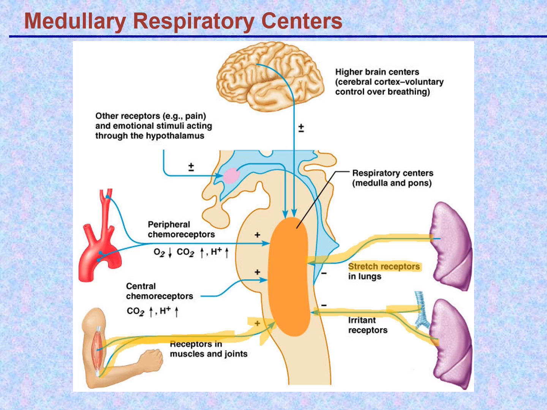You also have, inside the brainstem, and that's why they're called central as opposed to peripheral, which is outside of the brain, central chemoreceptors, and these chemoreceptors can respond to CO2 and hydrogen ion levels. Remember, when CO2 is rising, you'll get increased hydrogen ion levels because of that biochemical reaction that I talked to you about.